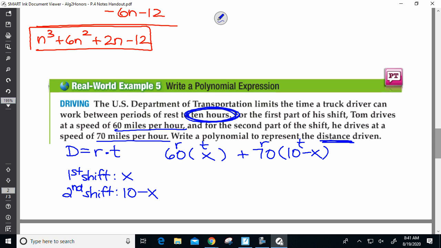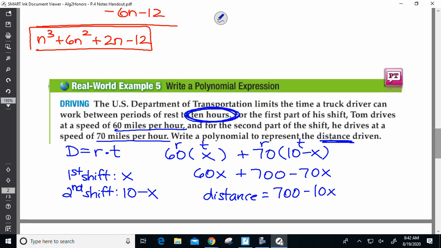So we have our polynomial, we just need to simplify it. 60 times x, 60x. 70 gets distributed: 700 minus 70x. So your distance is 700 minus 10x. And that's it, problem's over.